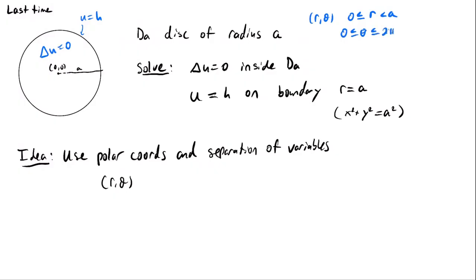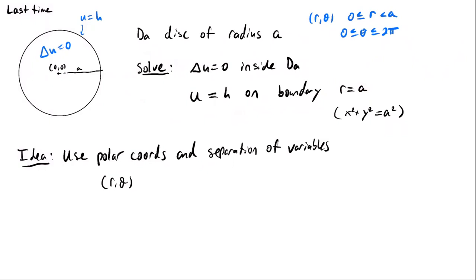You can also use standard Cartesian coordinates to describe this disk. This will be the set of points (x, y) with x squared plus y squared strictly less than a squared.